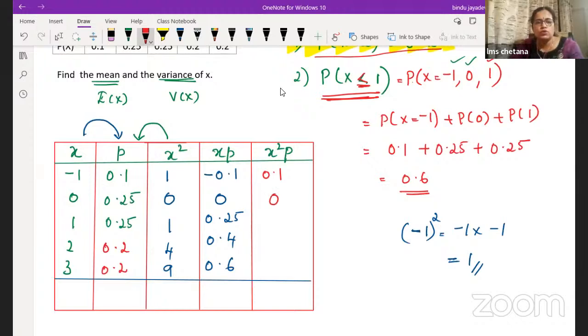Here it is 0. 1 into this, that is 0.25. 4 into 2, that is 0.8. Here 9 into this one, 1.8. Yes. Now calculate here. What is your last column? Sigma xp and sigma x square p.